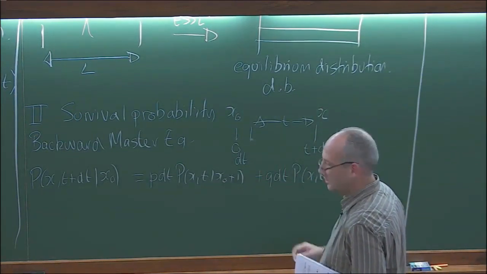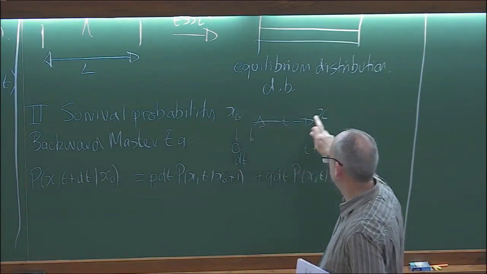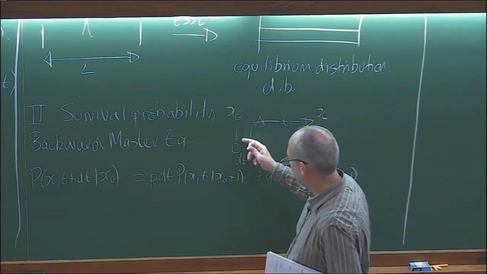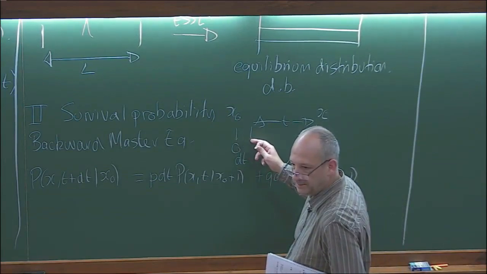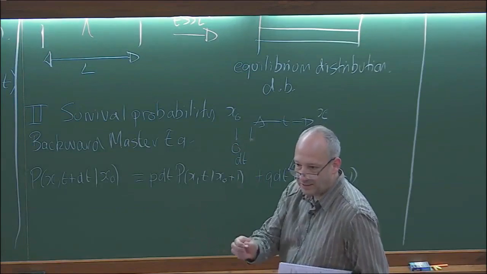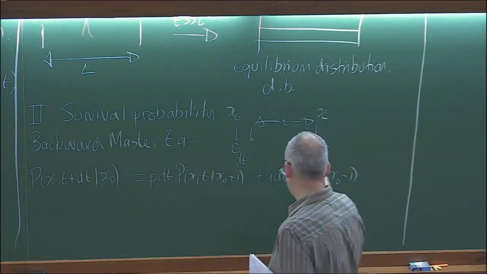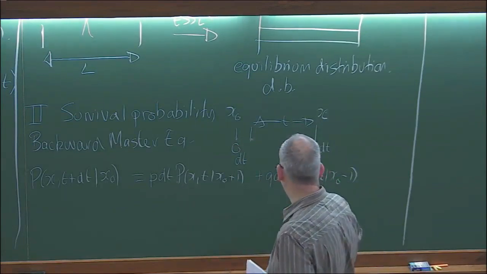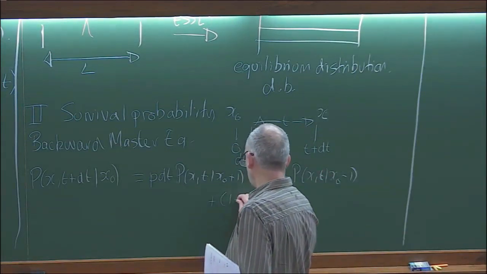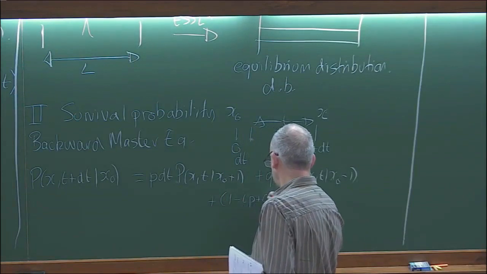I want the probability of going from x naught to x in this time interval t plus dt. I see what happens in the first dt. For the first dt, either I go to the right or go to the left, or nothing happens. So that's if I go to the right, if I go to the left. If nothing happens, then nothing happens with probability 1 minus p plus q dt.